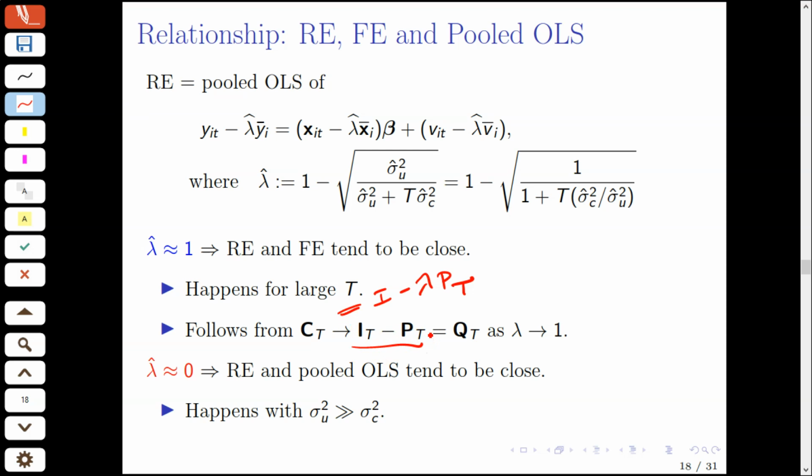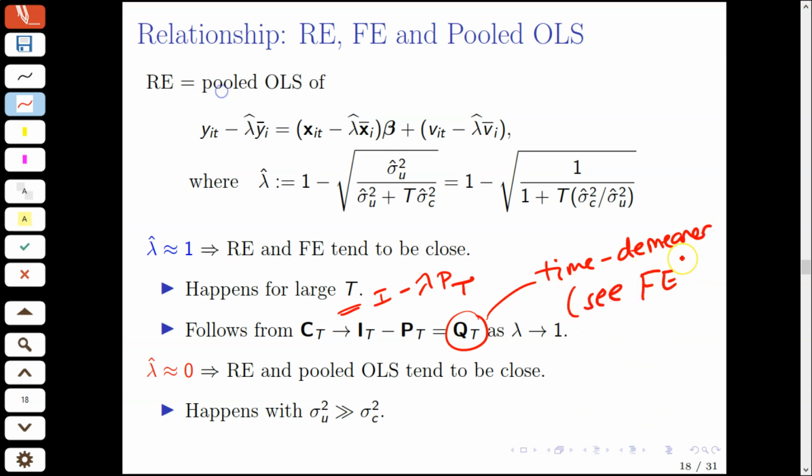But that's exactly, we've given that matrix a name, namely QT, which was our time demeaning matrix, which popped up in our lecture on fixed effects. Hence, when lambda is close to 1, we're almost time demeaning, so random effects and fixed effects should be rather close.